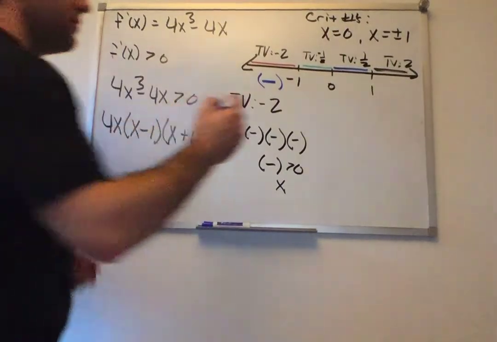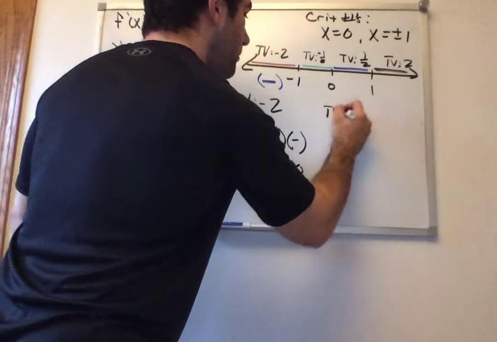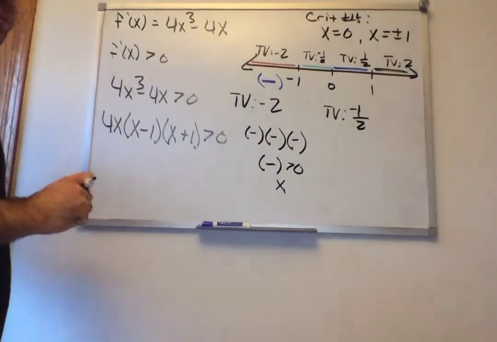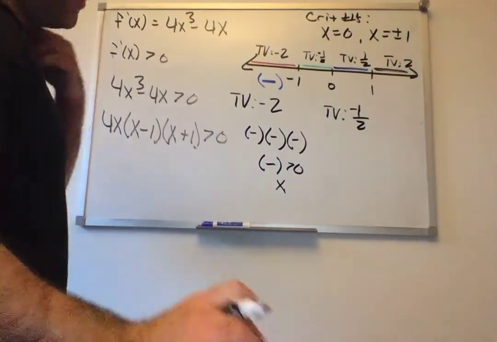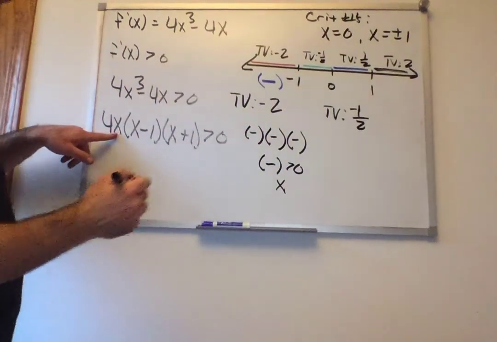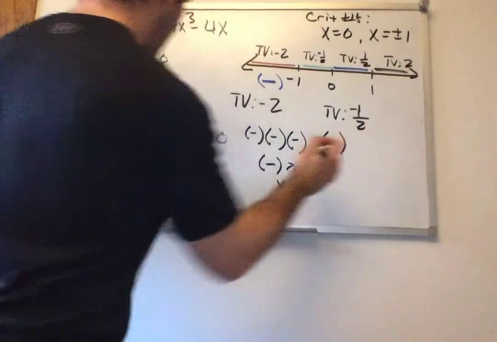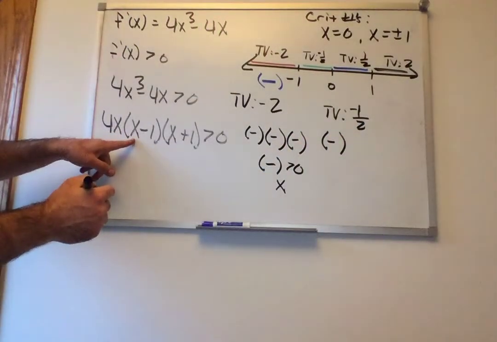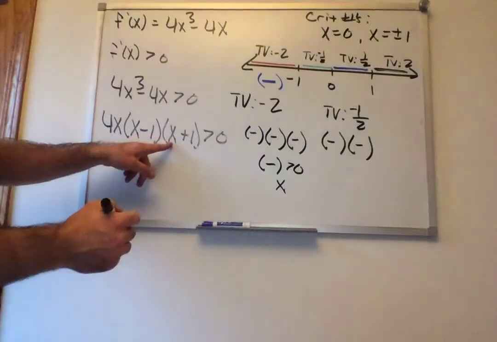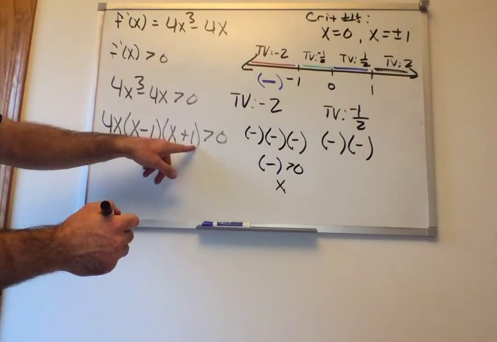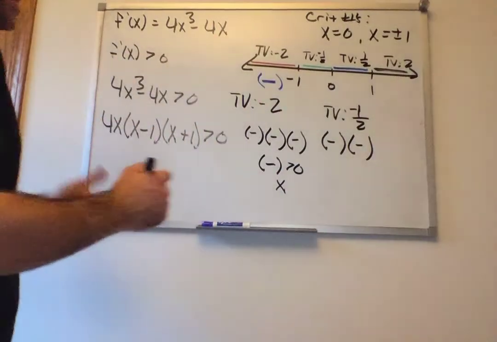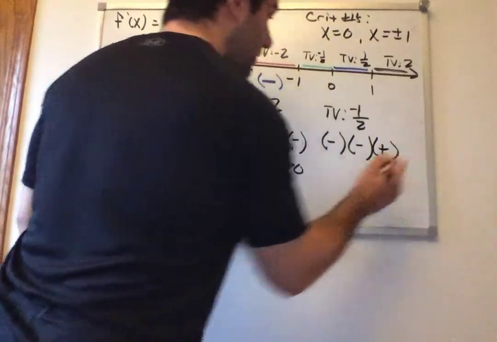Now, let's do our next test value, -1/2. So, just plug it in. If I plug a negative number into this first piece, it's going to be negative. If I plug -1/2 in here, negative minus 1, that's still going to be negative. Negative plus 1. Okay, we got to be careful. -1/2 plus 1 is positive 1/2, so we get a positive.